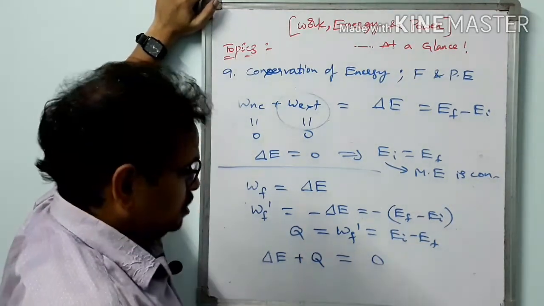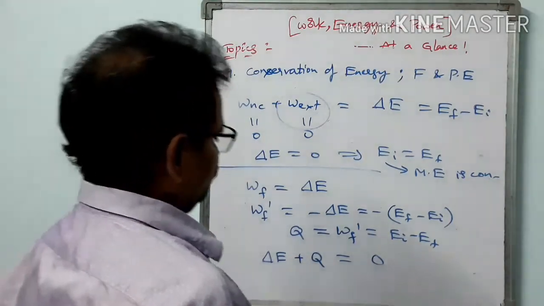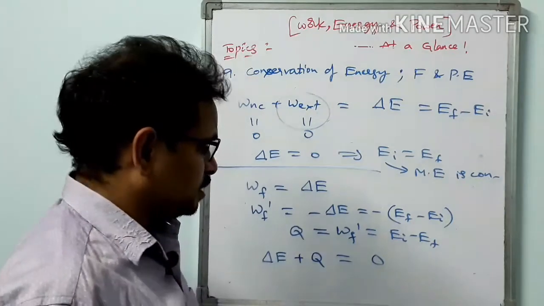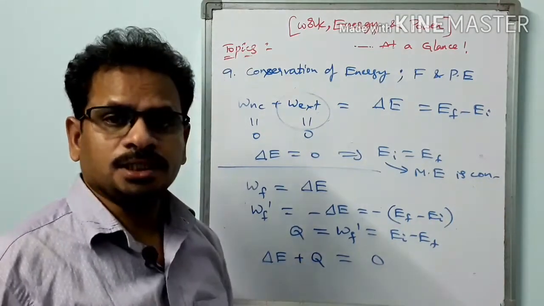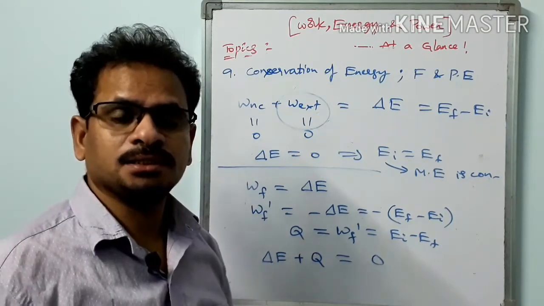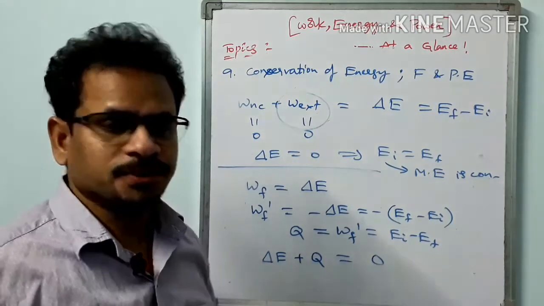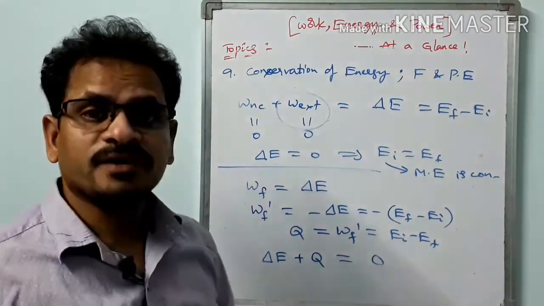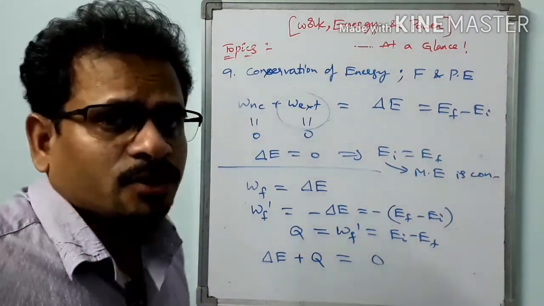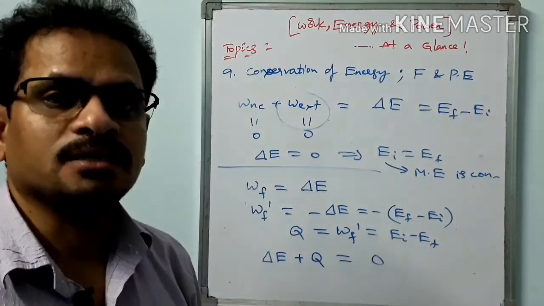So if non-conservative forces are acting, then the total energy, which can be in the form of light energy, heat energy or mechanical energy, will remain conserved, will be constant. That is known as the law of conservation of energy. Energy can neither be created nor destroyed, but can be transformed from one form to another.